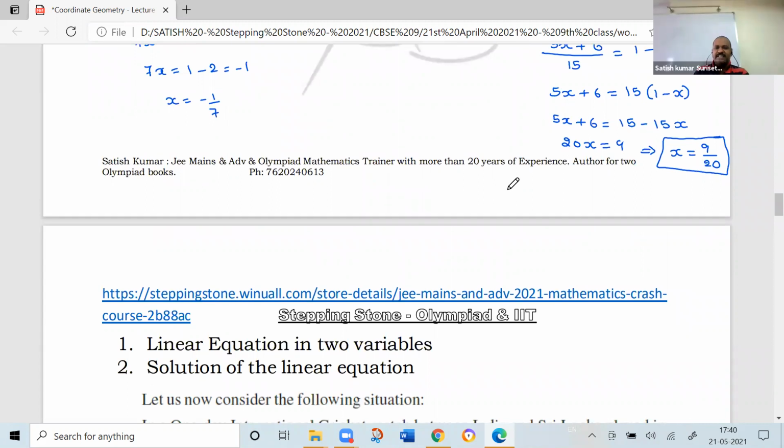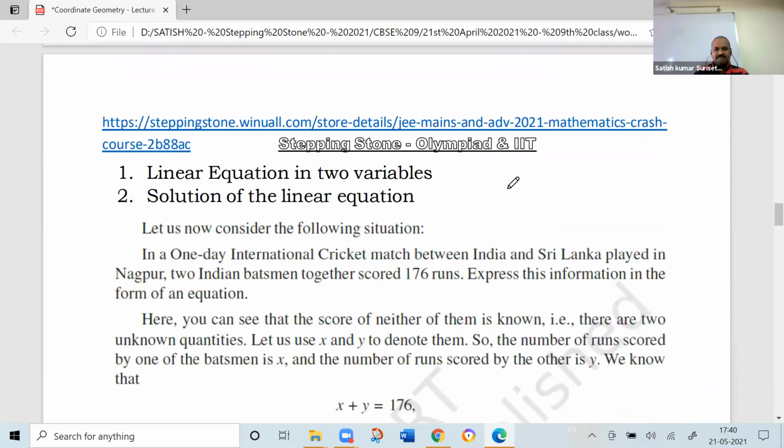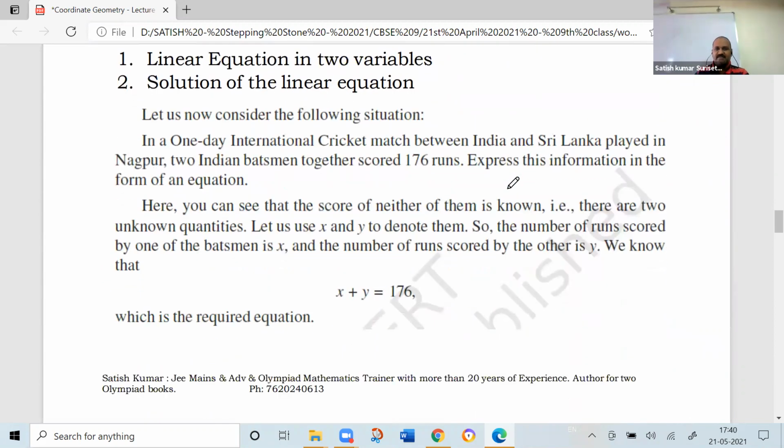Now let us discuss linear equations in two variables and how to find the solution. Let us consider the following situation. In a one-day international cricket match between India and Sri Lanka played in Nagpur, two Indian batsmen together scored 176 runs. Express this information in the form of an equation.